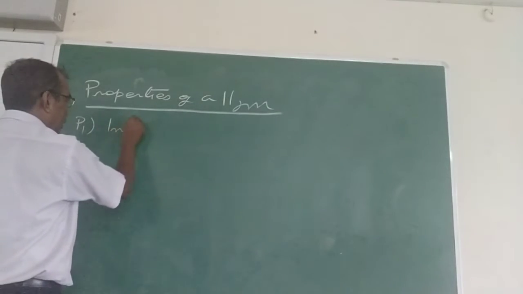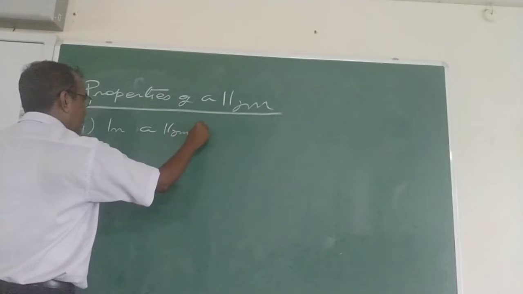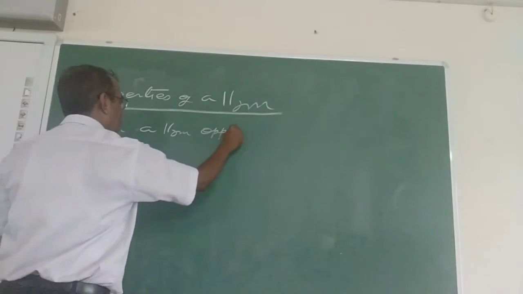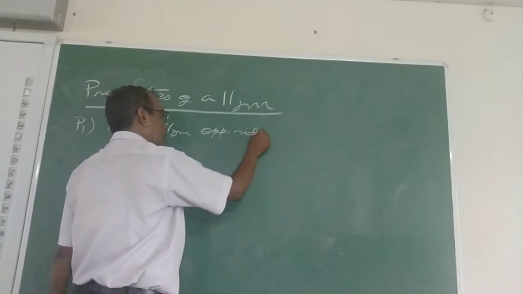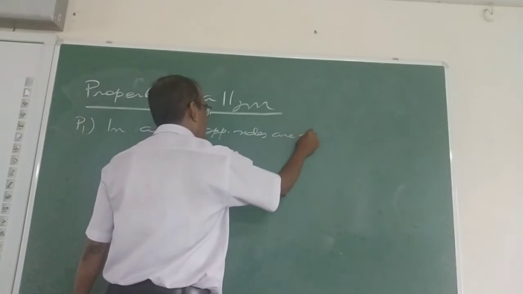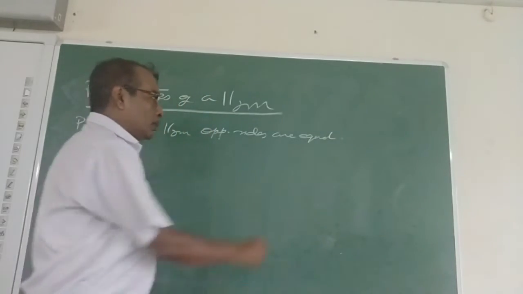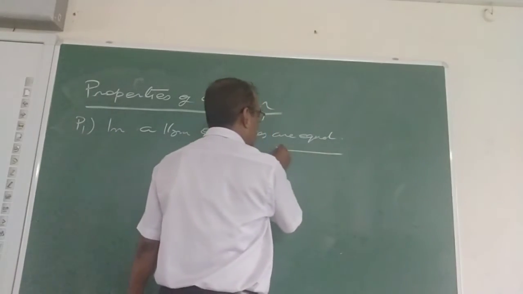In a parallelogram, opposite sides are equal. Suppose ABCD is a parallelogram.